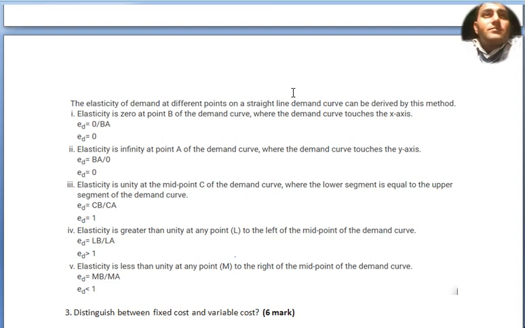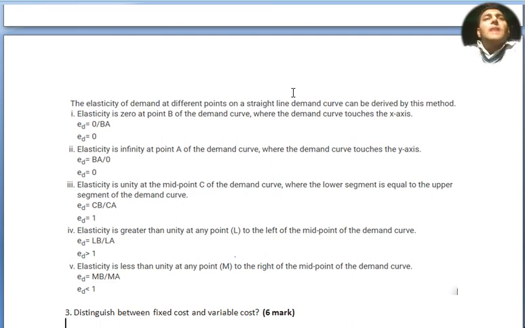Then elasticity is unity at the midpoint C of the demand curve where the lower segment is equal to the upper segment of the demand curve. ED equals CB by CA, which equals 1. Elasticity of demand equals 1. Point number 4. Elasticity is greater than unity at any point L to the left of the midpoint of the demand curve.